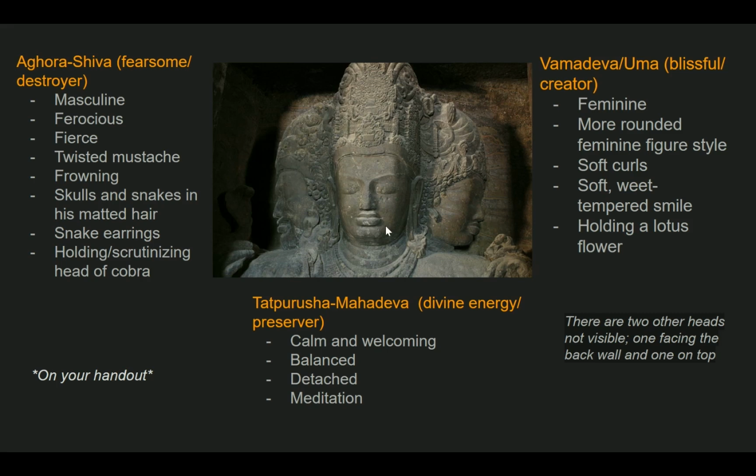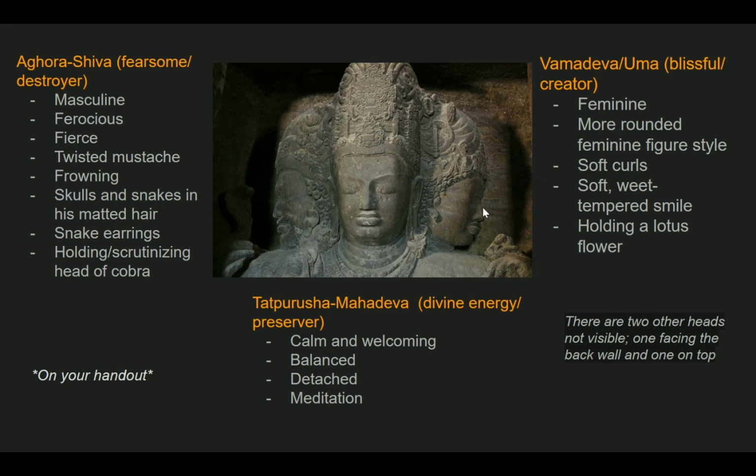Here is our central figure, reflective of his divine energy, this concept of the preserver to an extent. It's much more calm, it's welcoming. He looks balanced and detached in this state of meditation. So it's in between, the preserver. On the far right is our creator, this blissful creator.